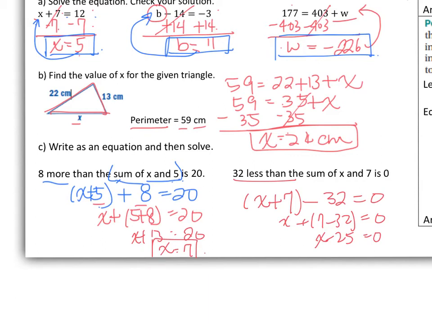And then you can add 25 to both sides. So x equals 25.